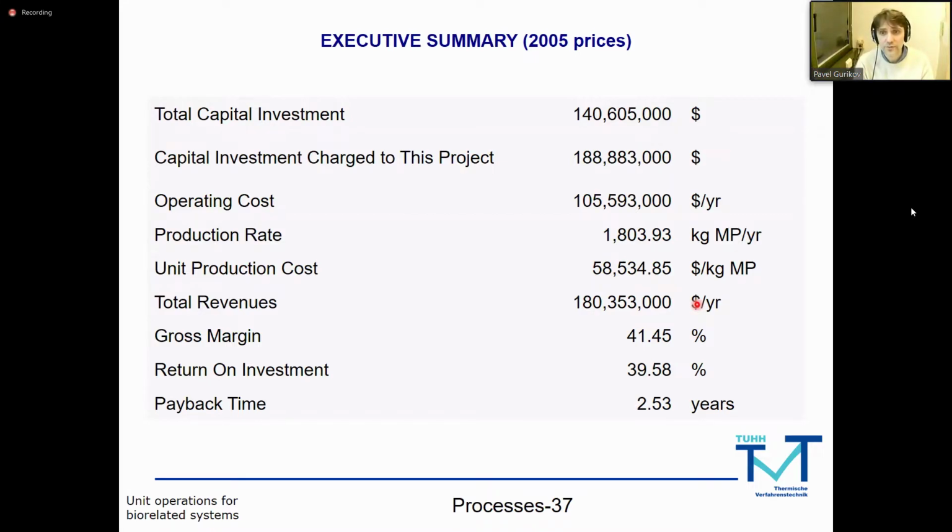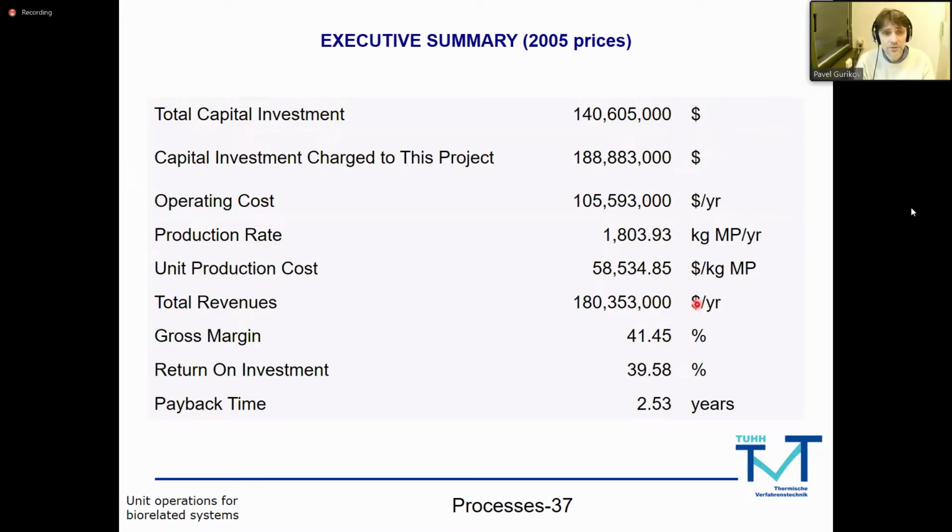So we have to have a selling price here. We can multiply 1803, the amount of the product, by the price per kg. In this example, we assume that the selling price is $100 per gram. That's a reasonable price.